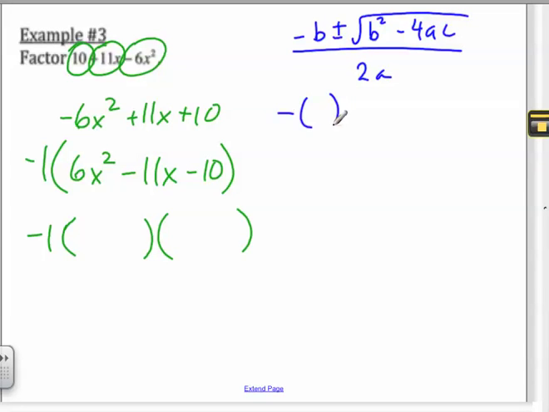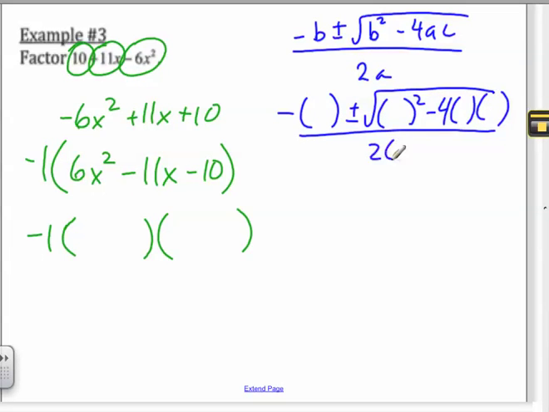Now I'm going to write my parentheses to hold the place where everything goes. Minus 4ac all over 2a. Good. Now I need to say what a, b, and c are. What's a, Alexander? Remember, I'm just factoring the stuff in here right now. 10. No. What's a?